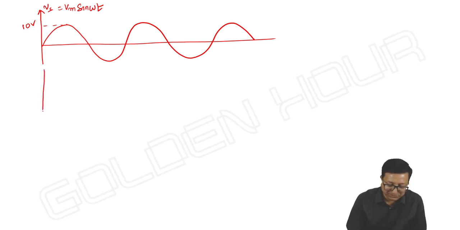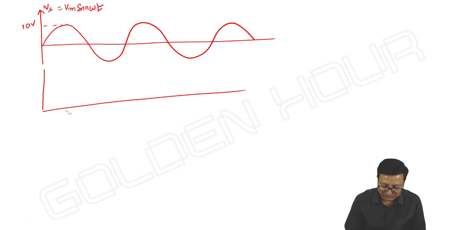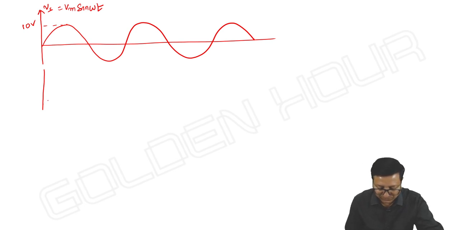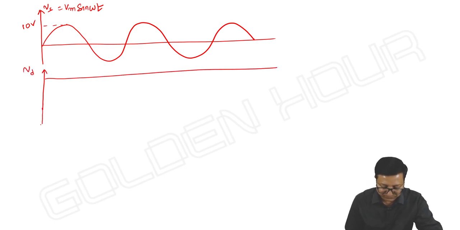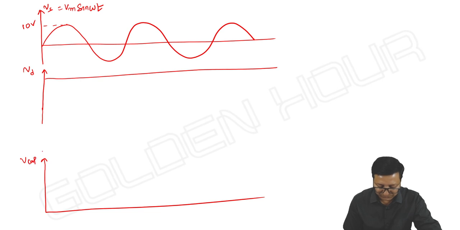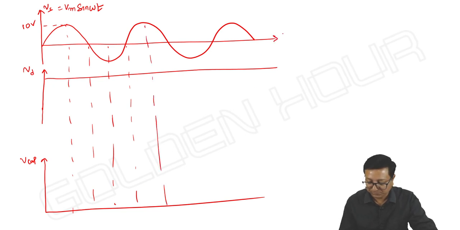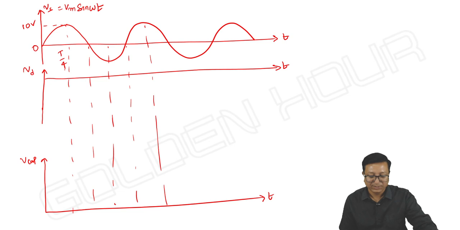Vs is equal to Vd plus V capacitor. I have written 10 just for the better understanding sake.